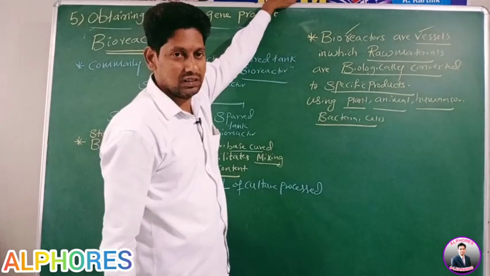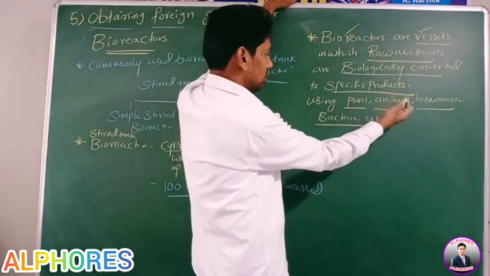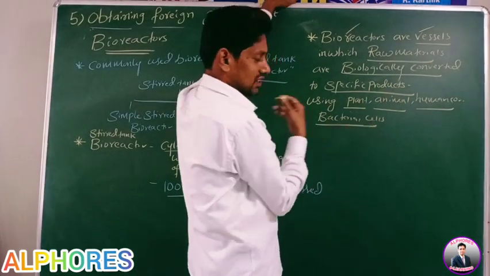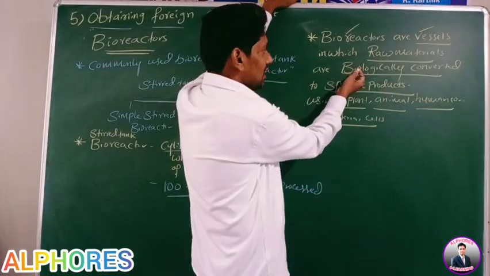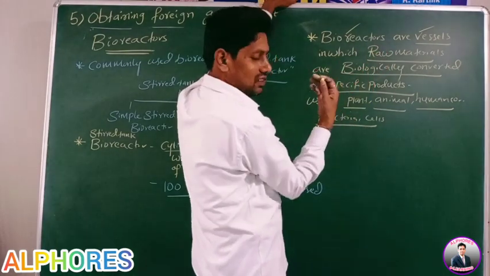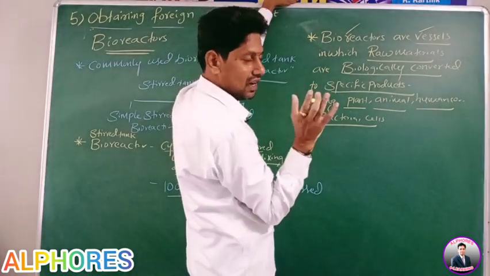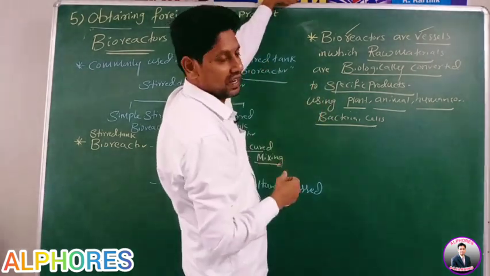Is it okay? Right. Sir, we are using living organisms, plant, animal, human, bacterial cells, as host cells. It means biologically raw materials are converted into specific products such as proteins or individual enzymes in a vessel. Those vessels are called bioreactors.